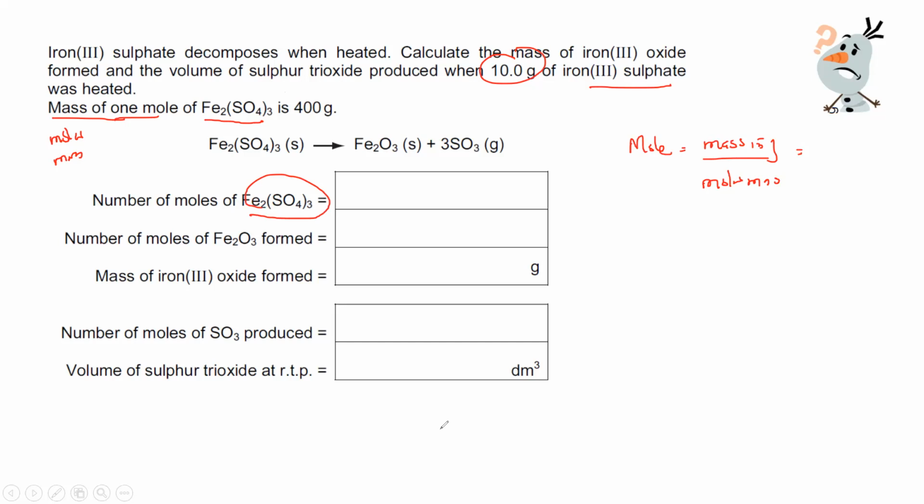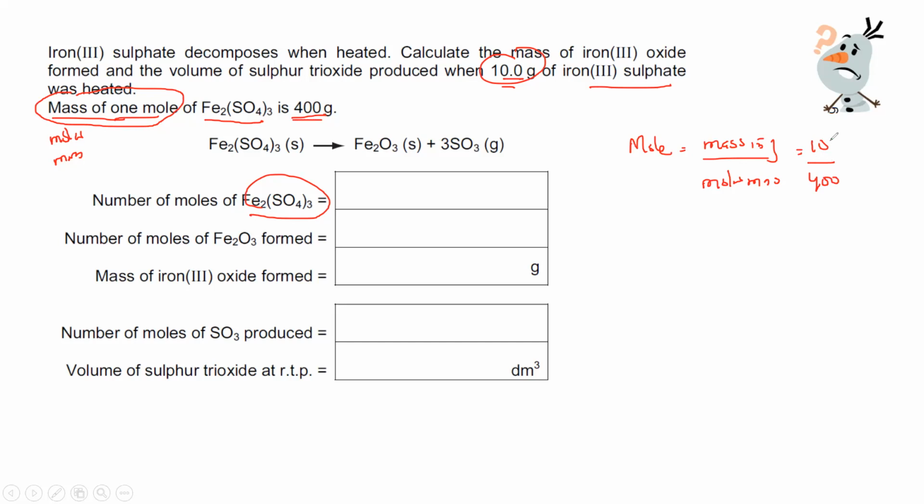That is 10 gram. And molar mass means mass of 1 mole. So 10 gram of iron sulfate is heated, which has a molar mass or molecular mass of 400. So it will be 10 divided by 400.